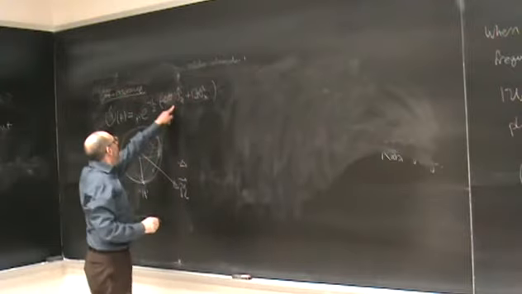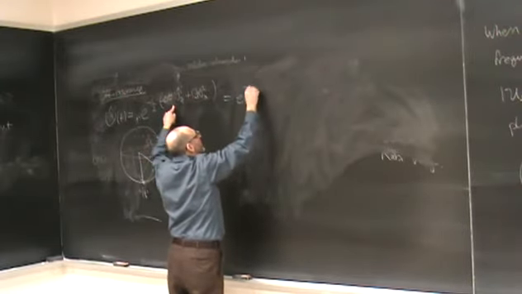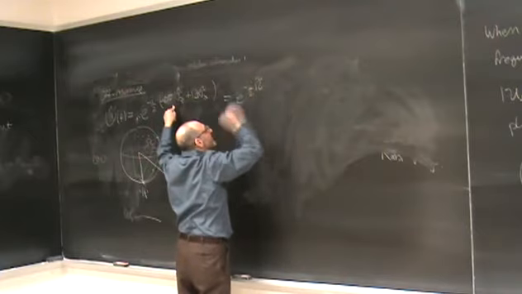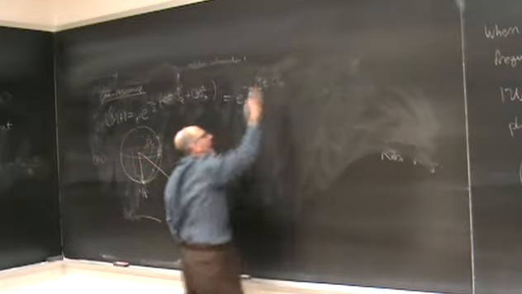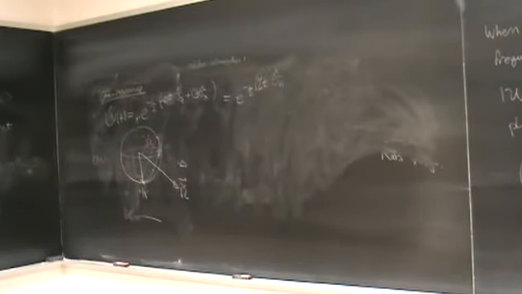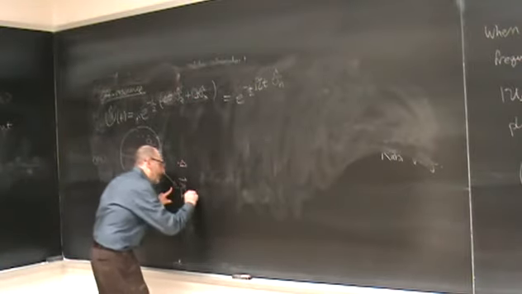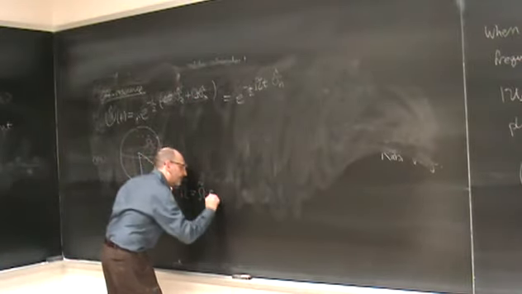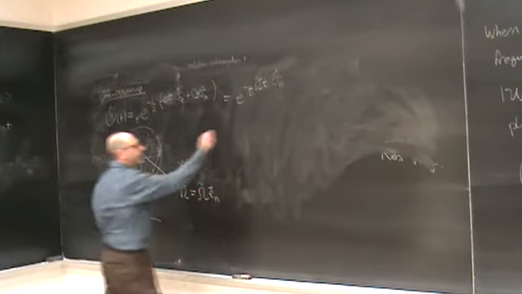We can rewrite this as e to the minus i over 2 times the effective Rabi frequency times time times something I'm going to call sigma n. Sigma n is the Pauli matrix in the direction of this vector, which has a magnitude and a direction.